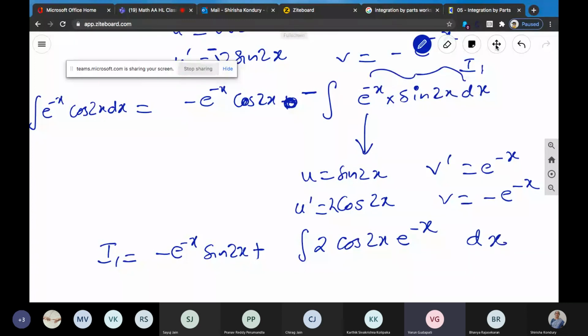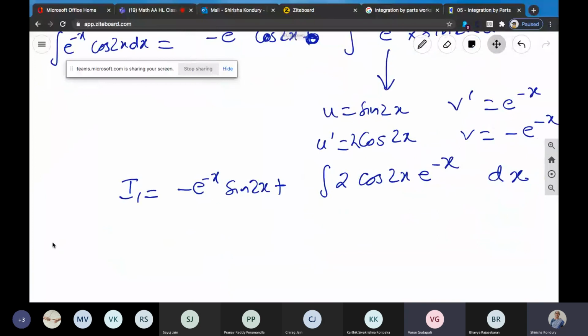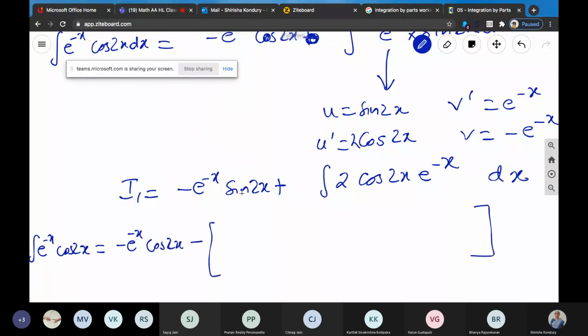Now can we substitute all of this into the initial equation? Yes. Now we will substitute everything back into the initial equation. So my initial equation is integral of e power minus x cos 2x is equal to, let me substitute this back.